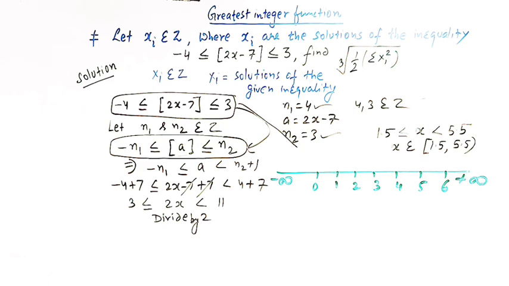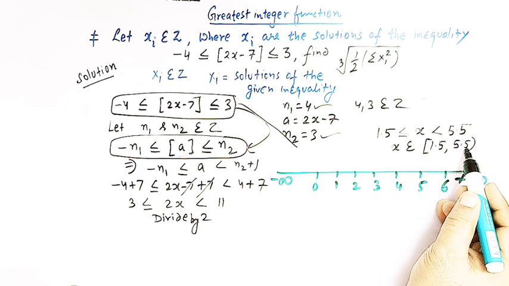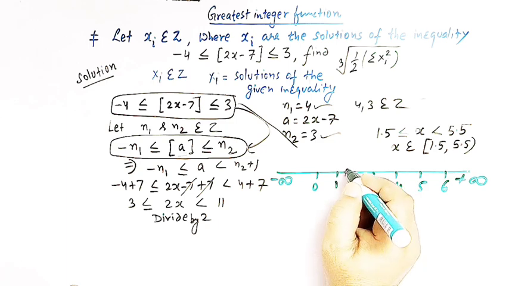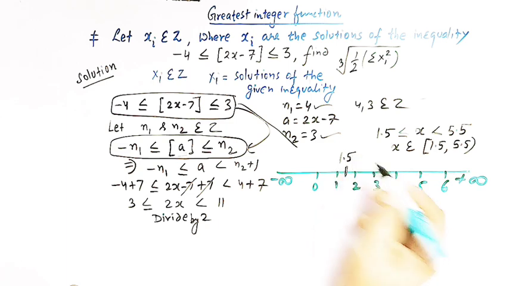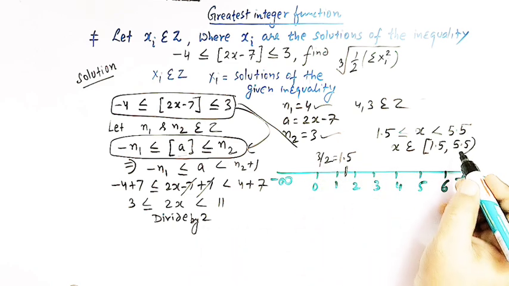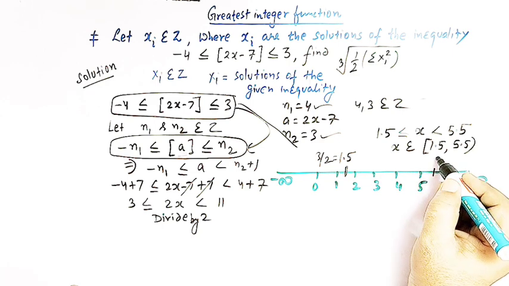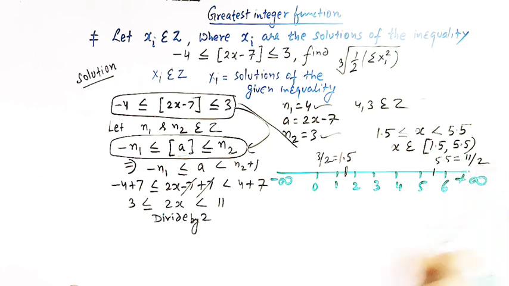Right, now see, x belongs to the set that is 1.5 to 5.5. So 1.5 lies somewhere here. So here we have 1.5, that is 3 over 2, and 5.5 lies between 5 and 6. So here we have 5.5, that is equal to 11 over 2.